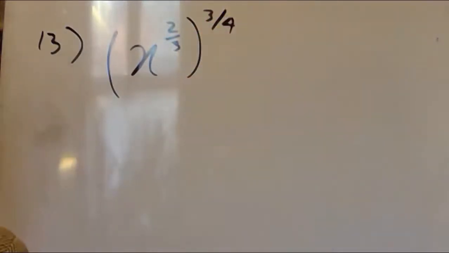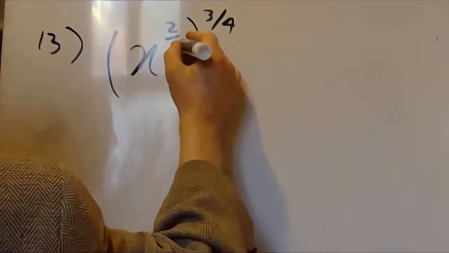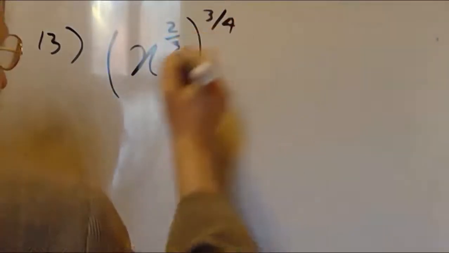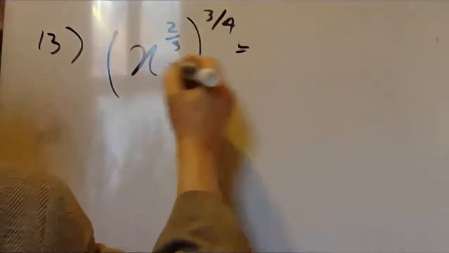Sorry, the power rule. So here we have a power to a power. And so in that case, we multiply these two.